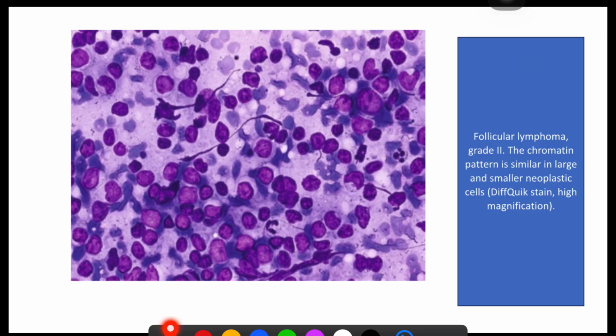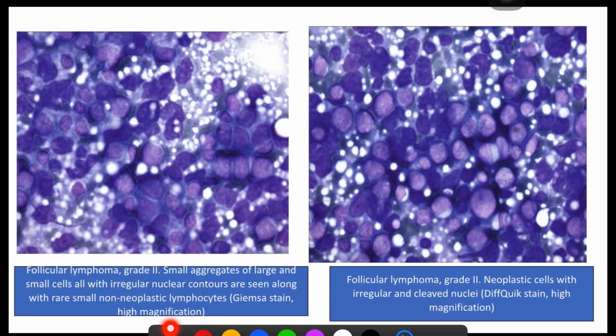Here we can see the chromatin pattern is similar in large as well as small cells. So these are all neoplastic cells having a similar nuclear pattern.